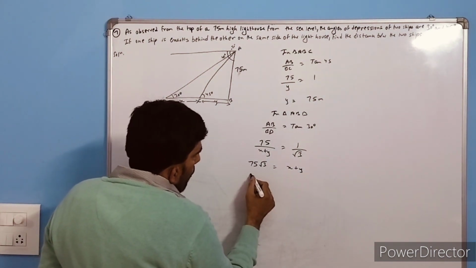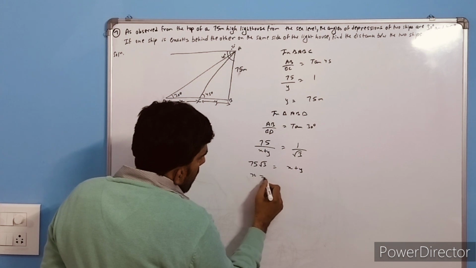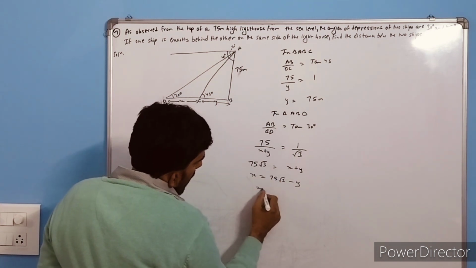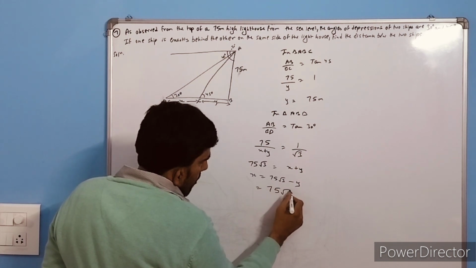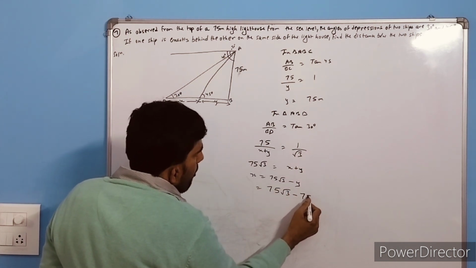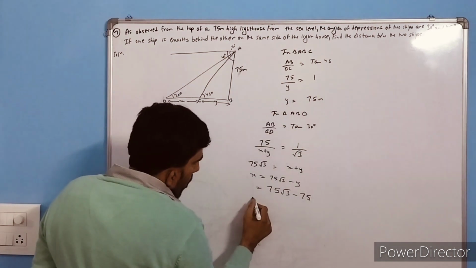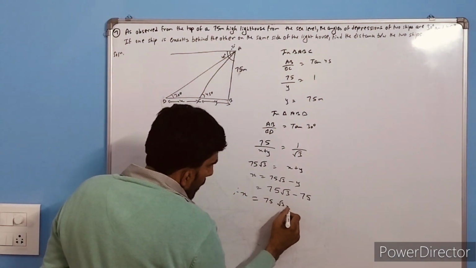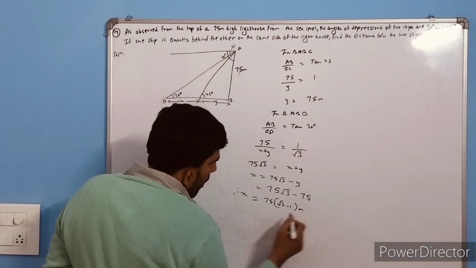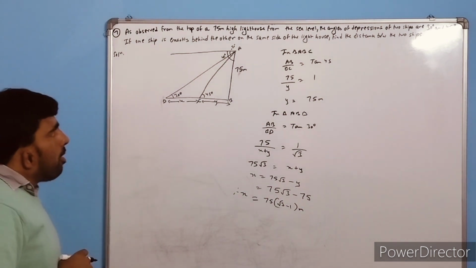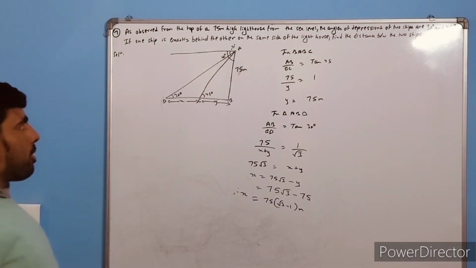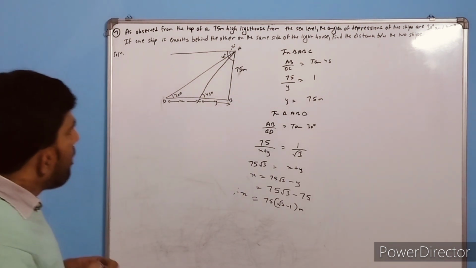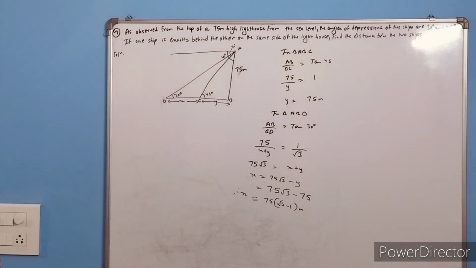So now what is x? 75 root 3 minus y. And what is y here? 75, just we found. So now I got, therefore x is equal to 75 root 3 minus 1. Okay. So finally I found the distance between the two ships is 75 root 3 minus 1 meter.